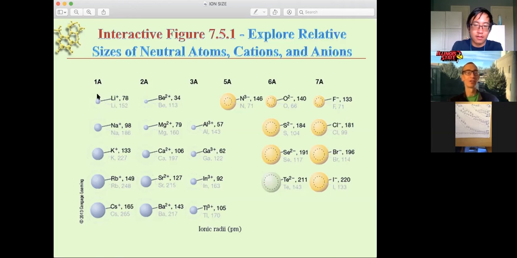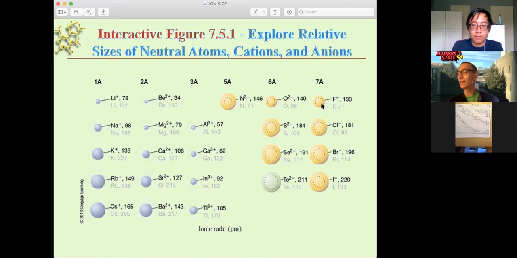On the right-hand side of the periodic table, the nonmetals, you can see that the ions are actually a little bit bigger than the atoms. Again, as we go down the group, the ions get bigger, but the ions themselves are bigger than the atoms from which they were formed.